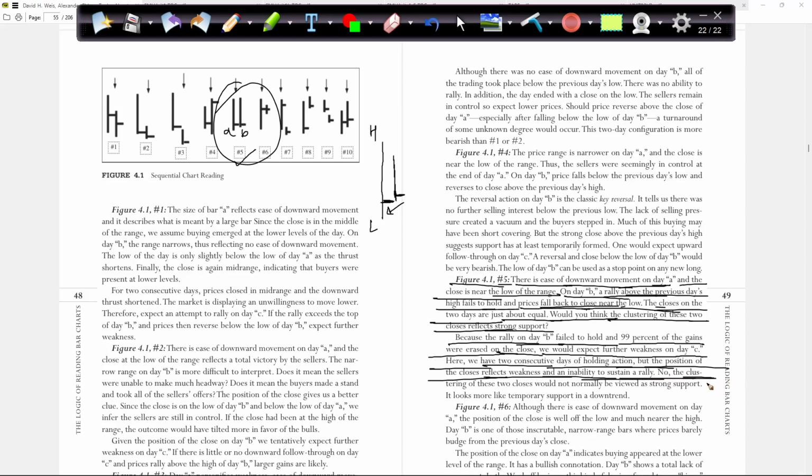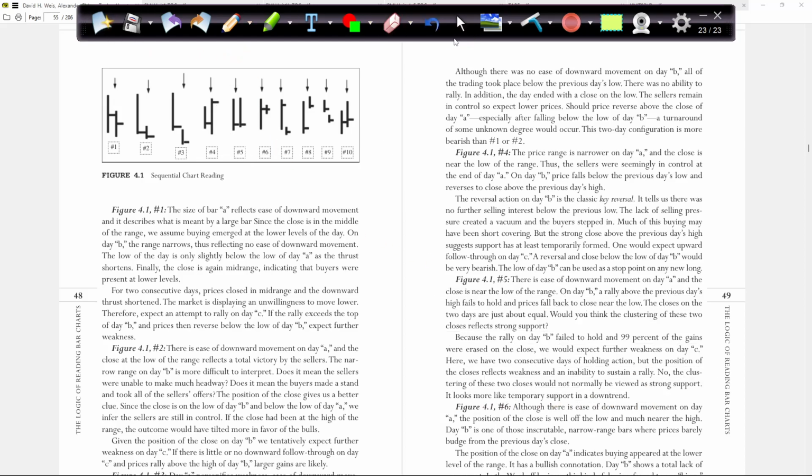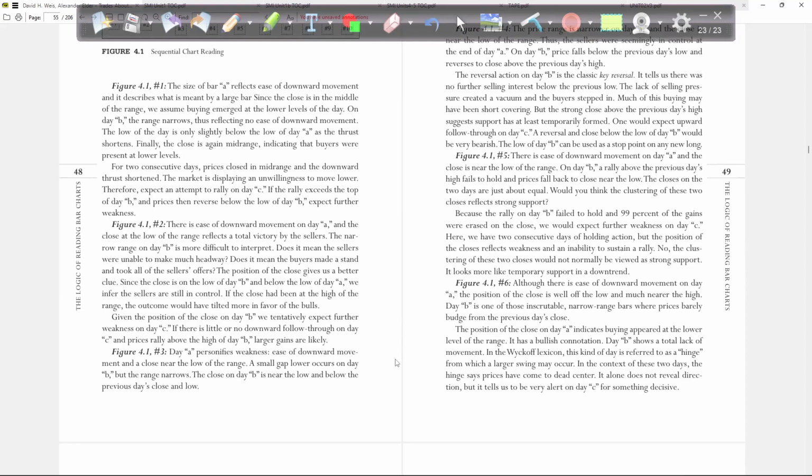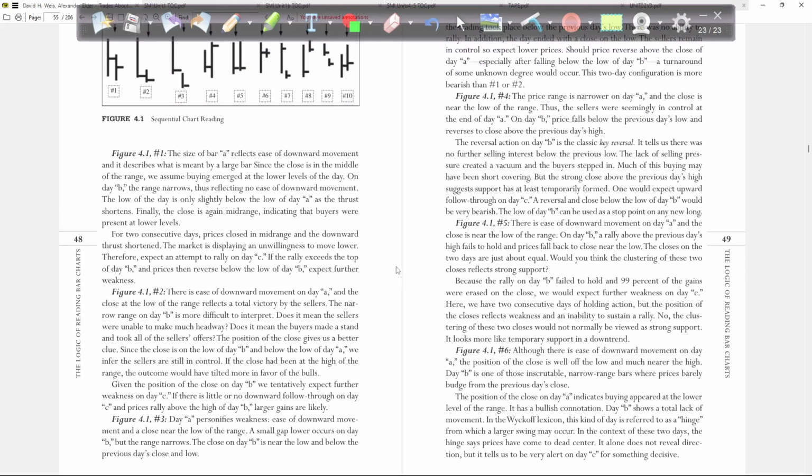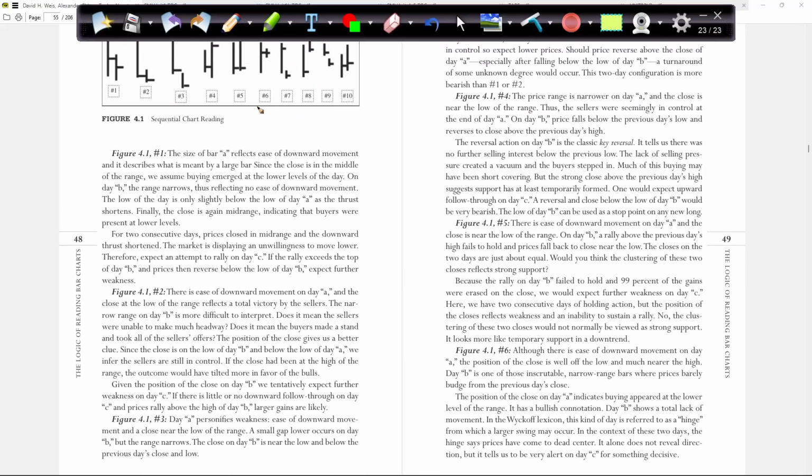No, the clustering of these two closes would not normally be viewed as strong support. It looks more likely to be temporary support in a downtrend. Figure 6.